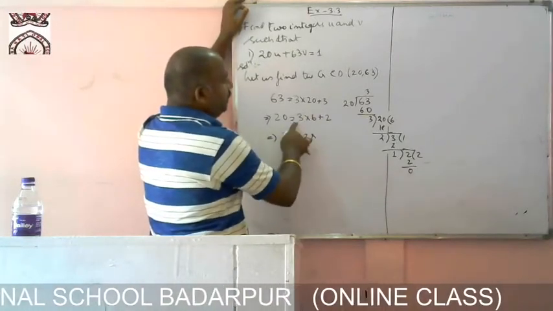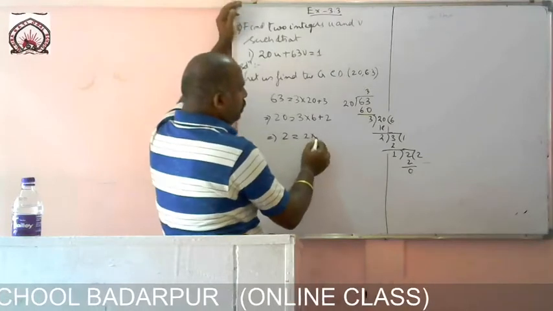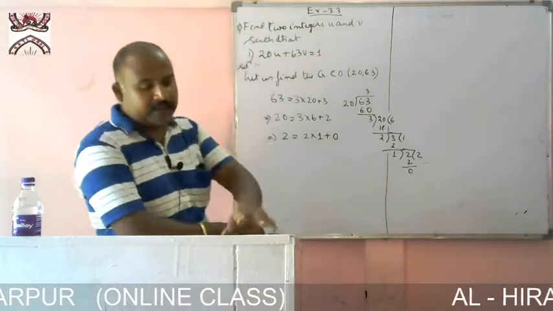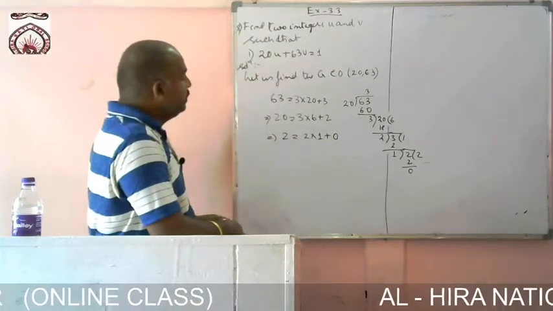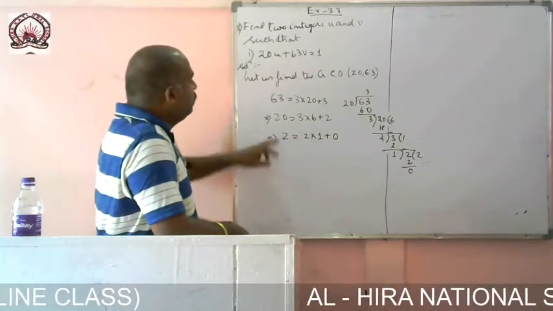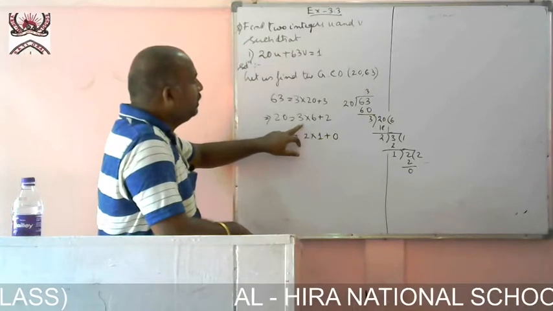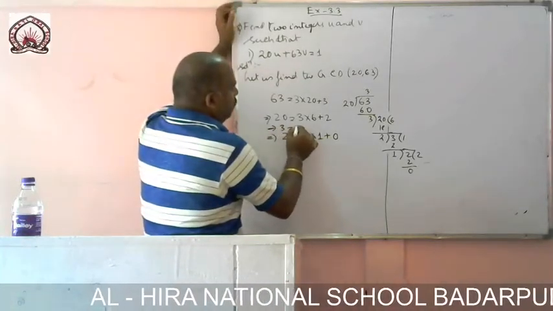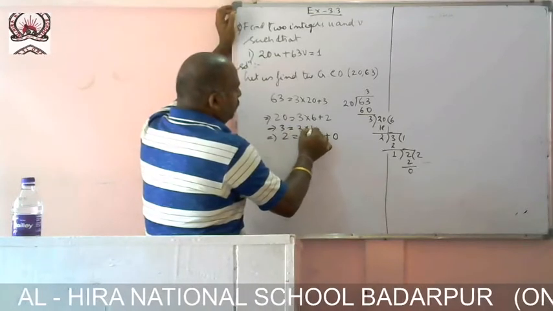Here we are getting 2, 2 into 1 plus 0. Now what is the HCF we are getting here? 63, 20, then we are getting 3 here. Here 3 equal to 3 into 1.